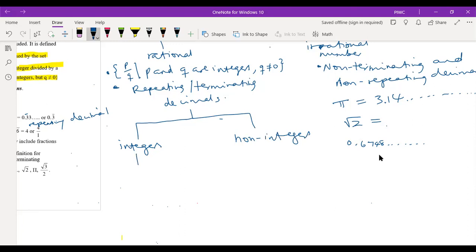So under the integers, we can have the whole numbers and the negative whole numbers, or negative integers.